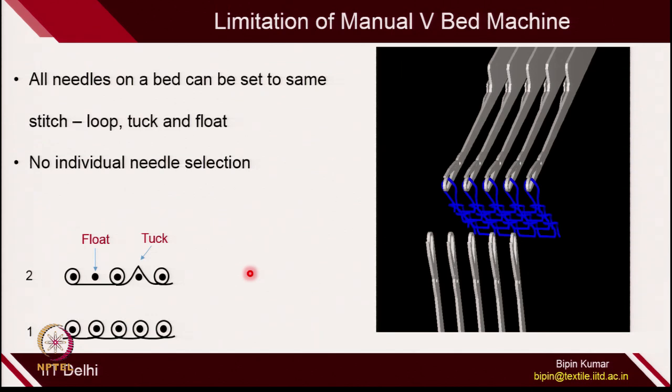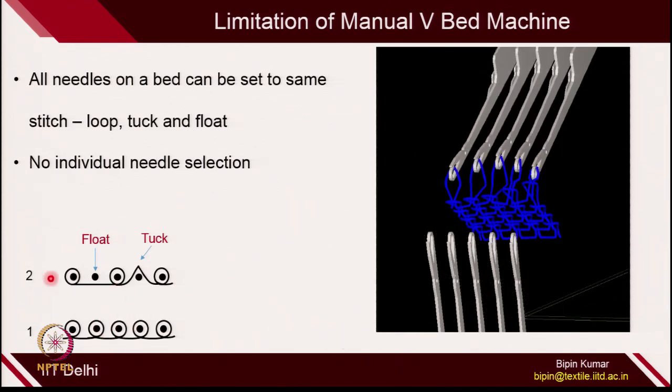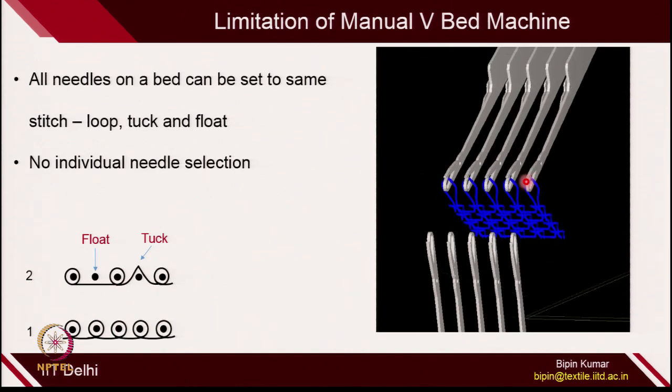All the needles of the same bed will be doing the same functions. So, unfortunately, we would not be able to create this course, which is shown in this figure.